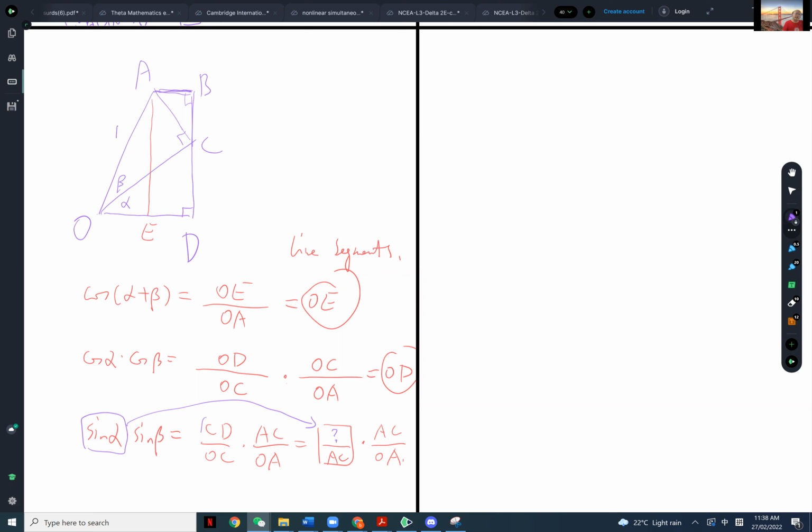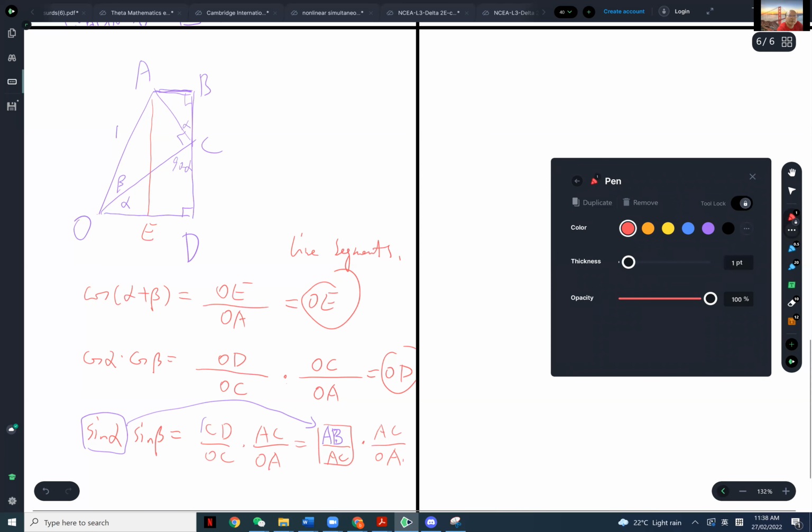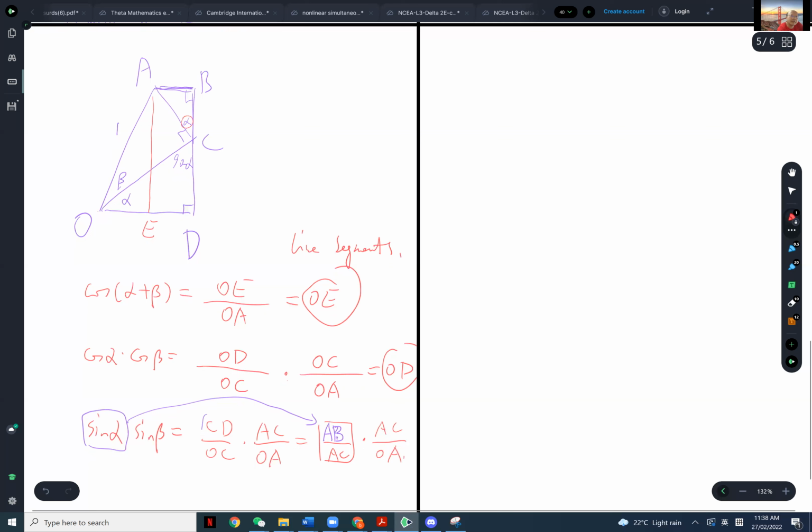Which one is the question mark? Yes, AB. Very good. Why is it AB? This is alpha, this is 90 minus alpha, this is alpha. If you know this is alpha, sin is just AB over AC. So just AB.